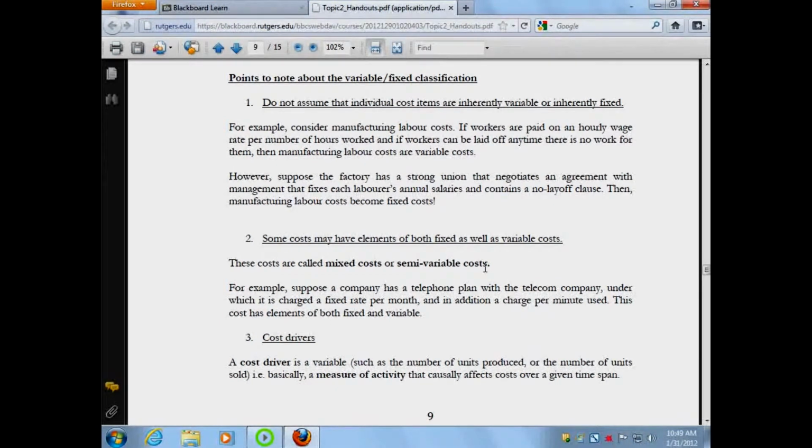Okay, so there's a very useful picture in your notes that helps to illustrate that. Direct, indirect, fixed, variable, fixed.